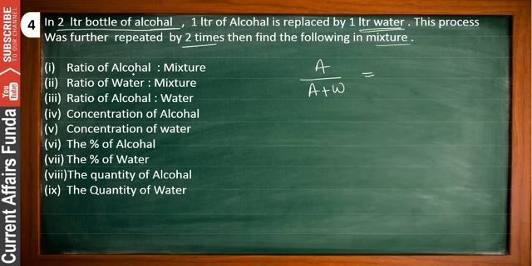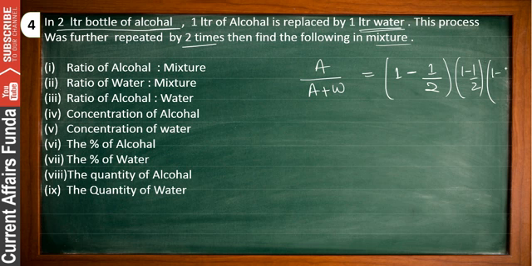Okay, because the question is asking about alcohol is to mixture, that means alcohol divided by alcohol plus water. So it will be 1 minus, the total quantity is 2 and how much is taken out? 1. Again 1 minus 1 by 2, and this process is repeated 2 times, that means we will take 3 parts here. Fine. So it will be equal to half into half into half.